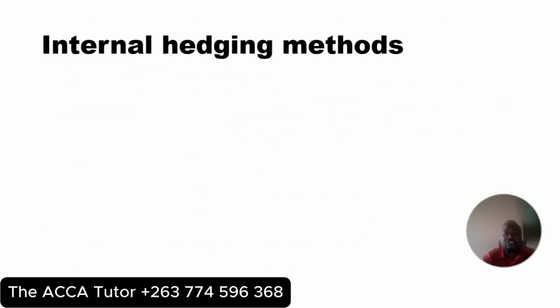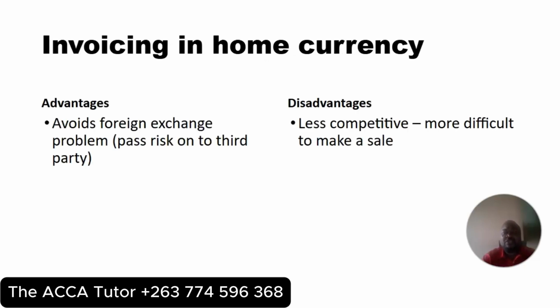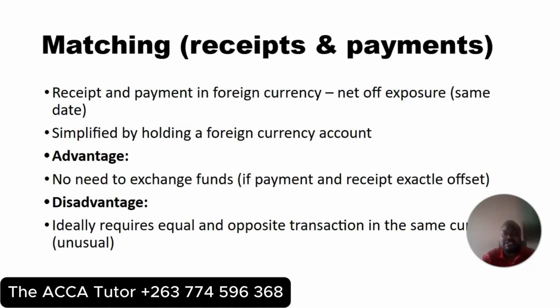So we'll continue on internal hedging methods. We'll continue on this, but there won't be any need, because we have spoken much about them. These are the things you might need to worry about, to know the advantages and disadvantages, and I've actually spoken much about this.